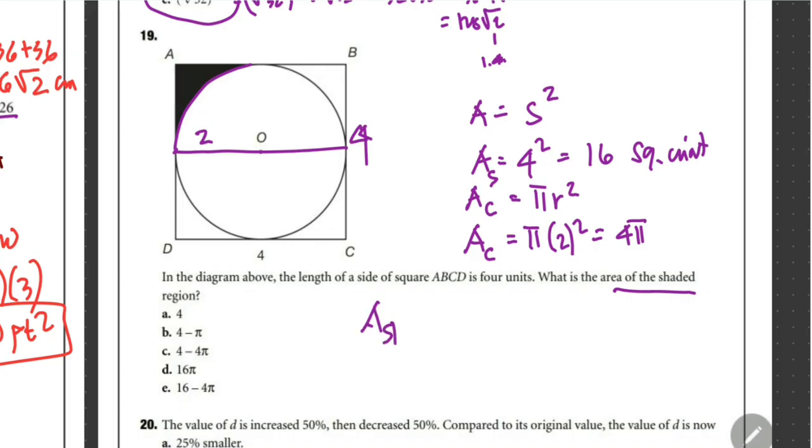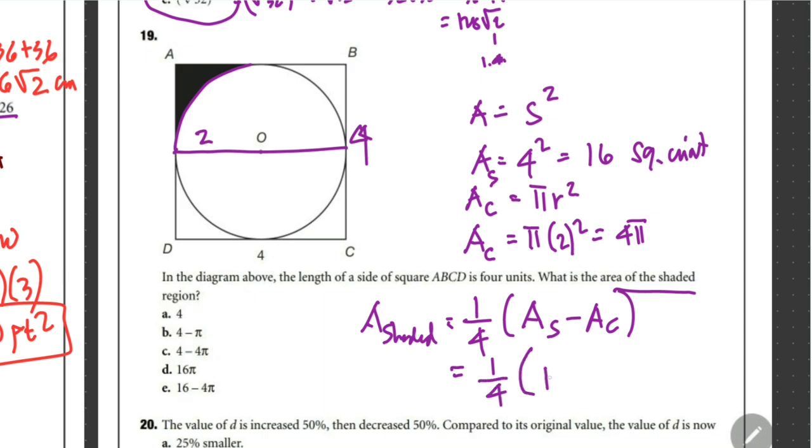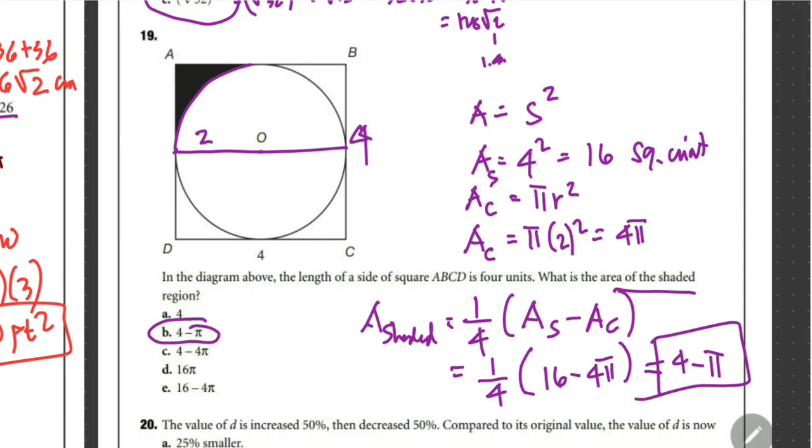So the area of the shaded region is 1/4 of 16 minus 4 pi. 16 times 1/4 is 4. Then negative 4 times 1/4 is negative pi. So this is now the area of the shaded region. Okay, did you get that? No questions?